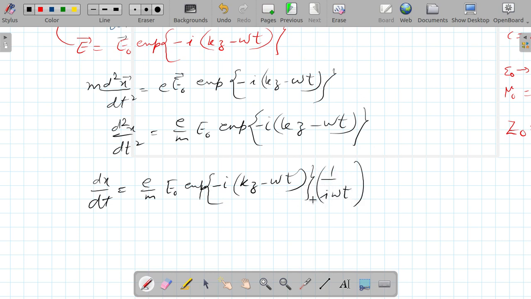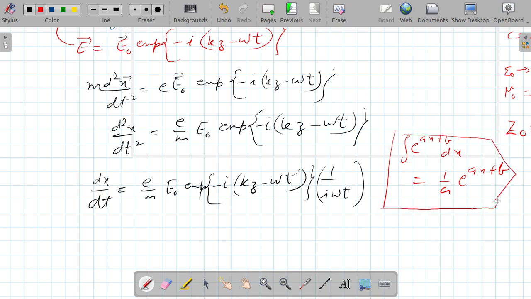Here I have used the formula that the integral of e raised to power ax plus b is simply 1 over a e raised to power ax plus b. Using this formula, I will get this term.